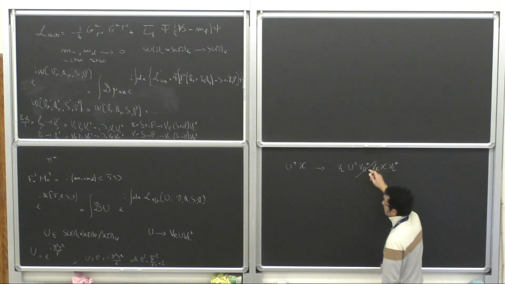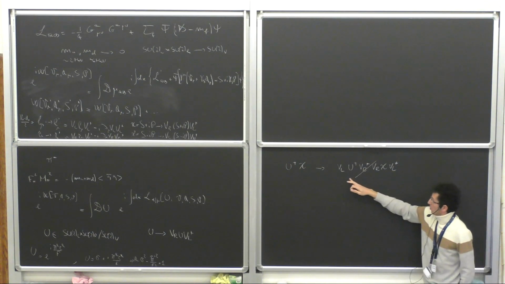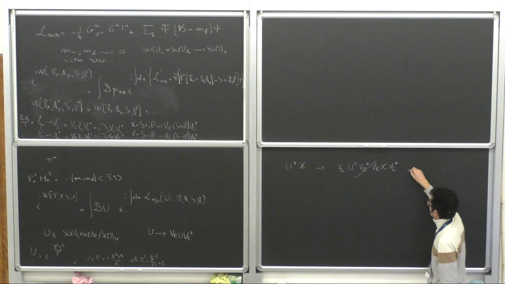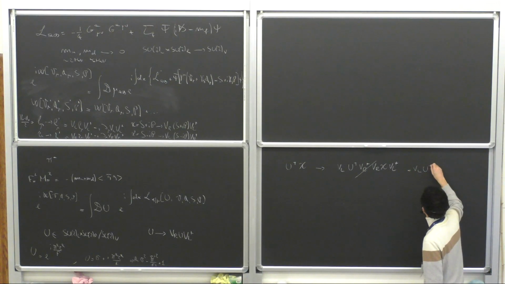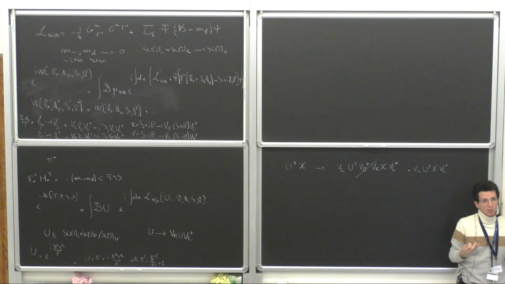This is 1 because they are SU(2) matrices. And so U dagger chi transforms in a simple way. It is not an invariant.